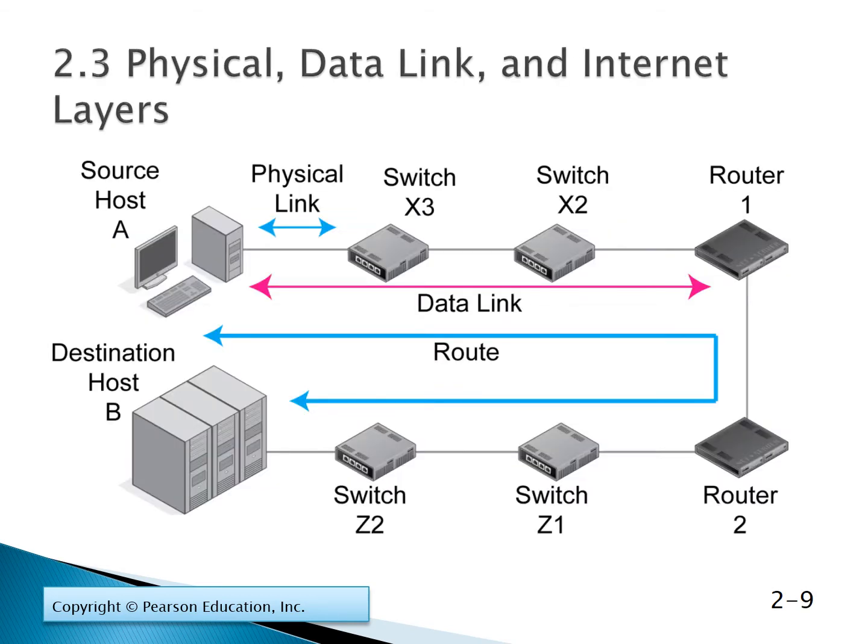This diagram shows a recap of the first three layers that we talked about last time. So remember, the physical link is the connection between two adjacent computers. And usually when we talk about the physical layer, we're really talking about the physical medium that the message is passing through, like the cable or the Wi-Fi signal.